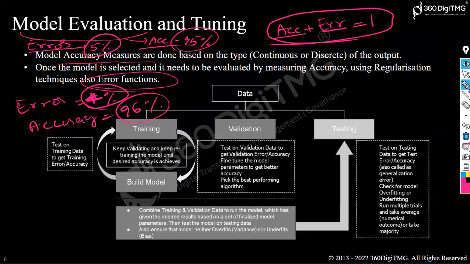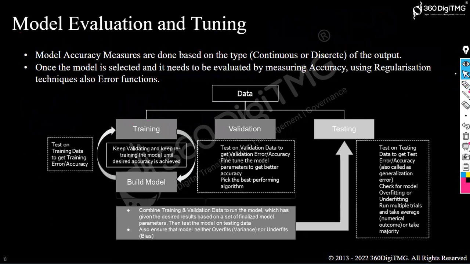But the process we follow here is that the data is split into training data, testing data, and validation data. So you train the data to get accuracy and you validate the data to achieve some accuracy.